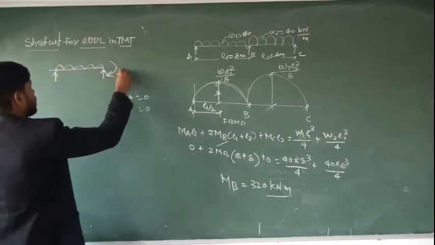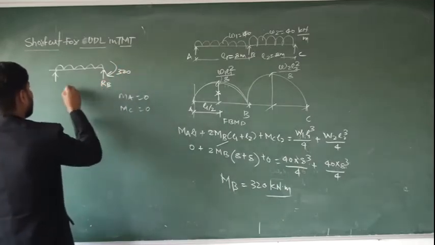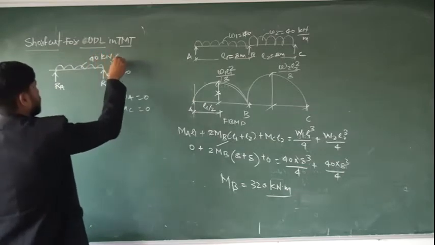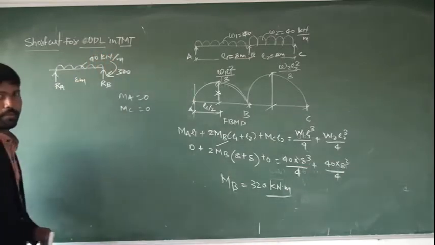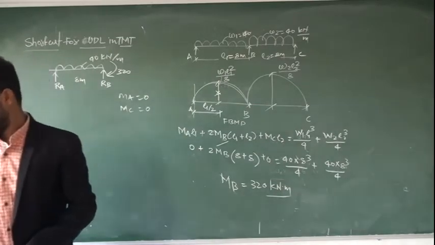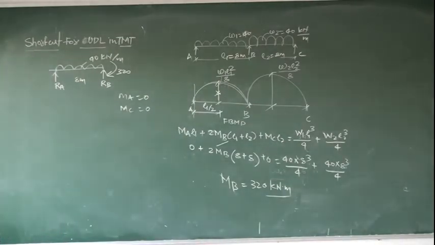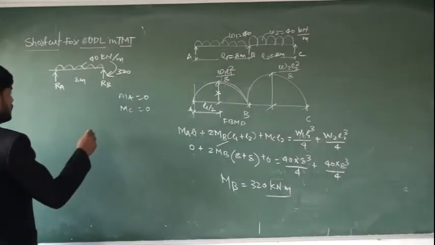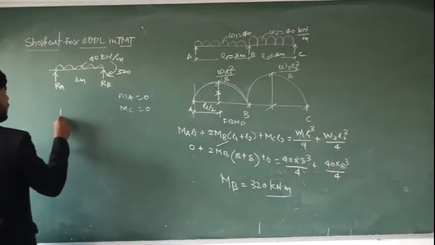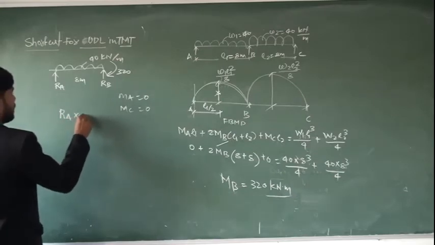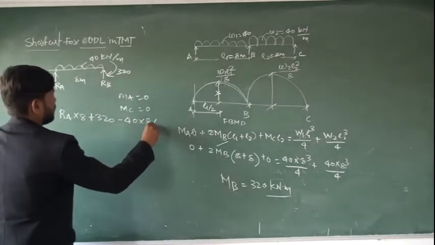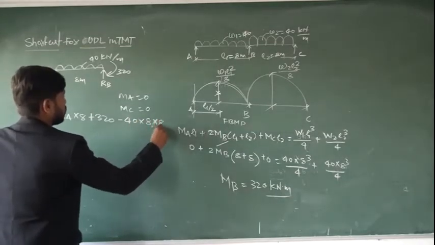So this is 320, this is RB, RA, 40 kilonewton per meter, and this is 8 meter. Now see, if you take the moment at B, you will get RA into 8 plus 320 minus 40 into 8 into 8 by 2.